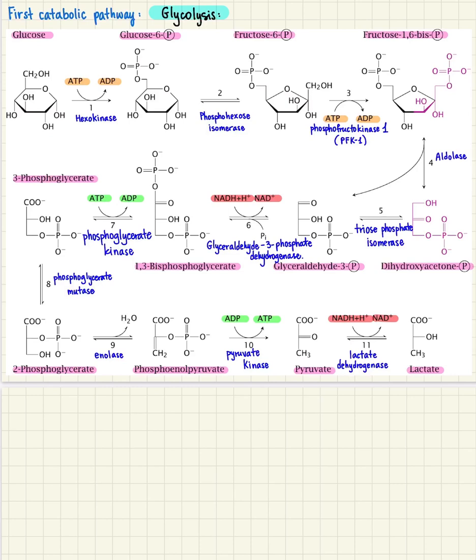One reaction that takes place after the formation of pyruvate is the formation of lactate or lactic acid, depending on if it is ionized or not. And how does this happen? We use the enzyme called lactate dehydrogenase, and we also use a reduced form of the electron carrier, NADH.